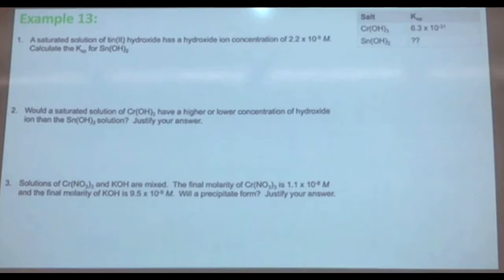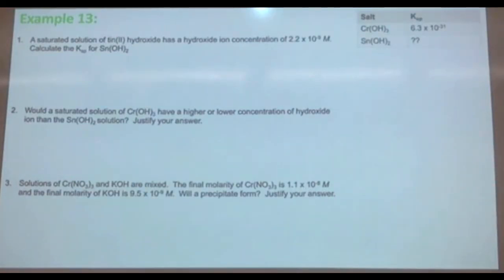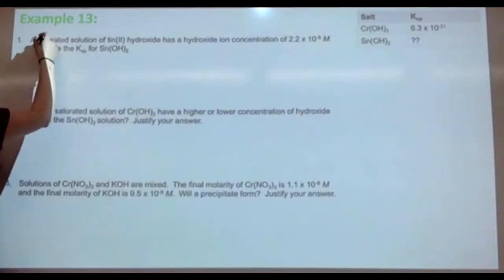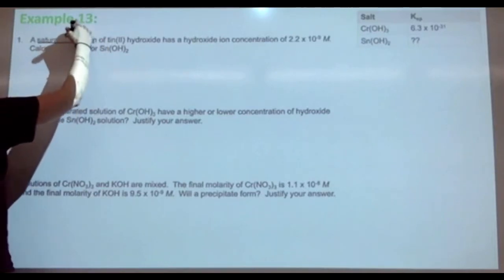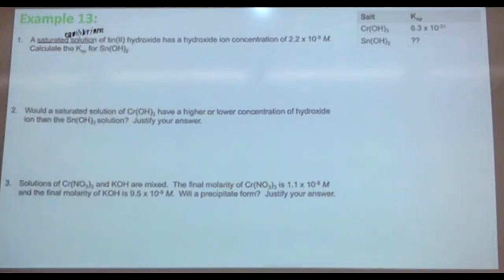So part 1 says a saturated solution of tin 2-hydroxide. I'm going to just stop there. I'm going to underline saturated solution, because saturated solution means equilibrium. A saturated solution means a solid is at equilibrium with its ions.